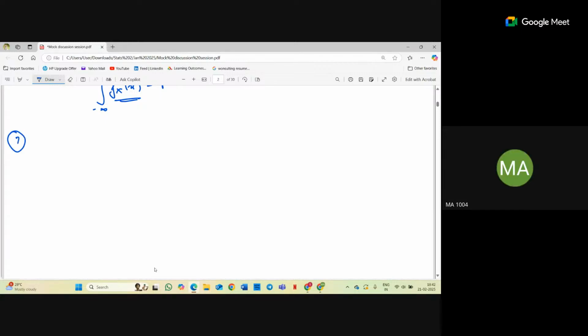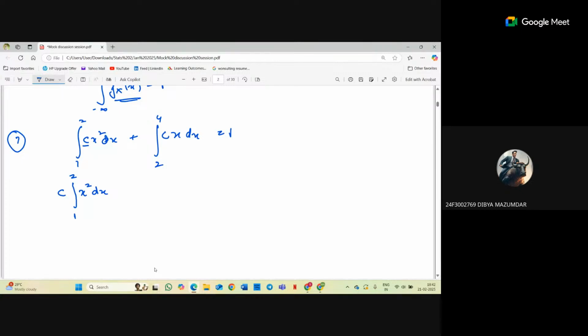The first function is cx square, going from 1 to 2, dx, plus the other going from 2 to 4, and the function is cx, right? And the total PDF is equal to 1, correct? Now we will integrate this. C is a constant term, so we will take it out. Ma'am, direct integration, the function is defined as integral of x into f(x) dx, no?